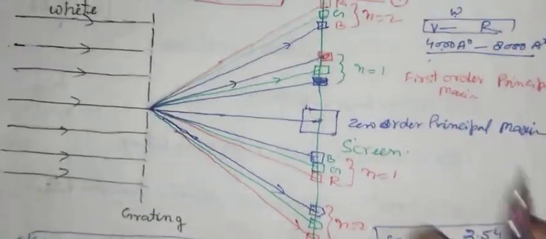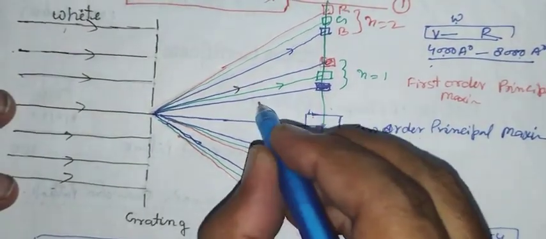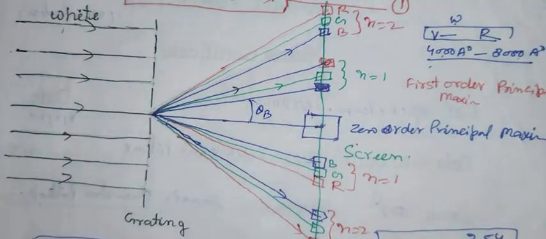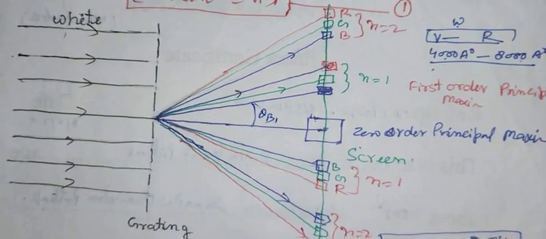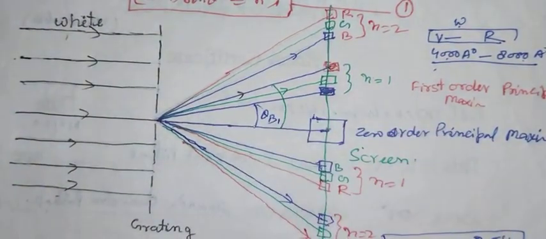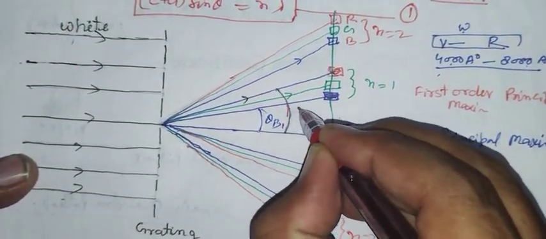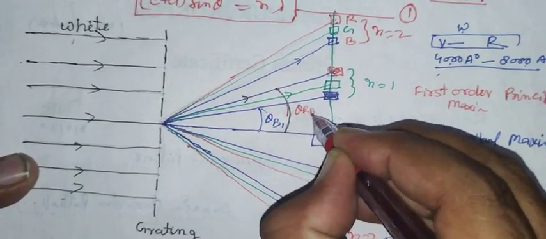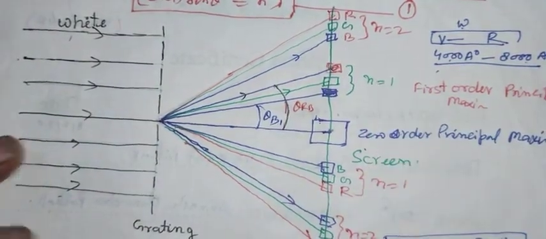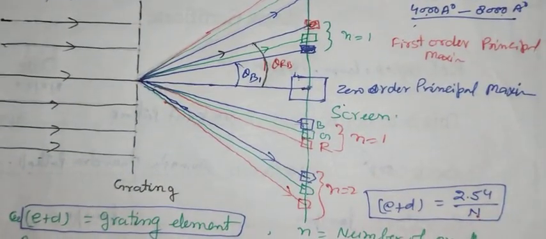Here see one more thing in the diagram very carefully. For the first order, this is the angle of diffraction for blue, and the last is red, theta r1, and the same for other orders for the respective colors. So a beautiful color spectrum is obtained in this case.